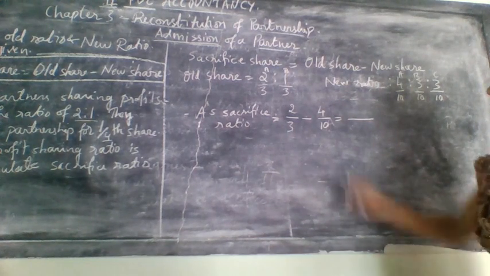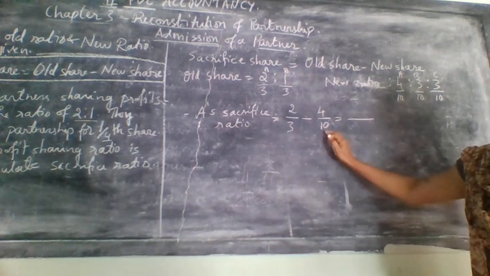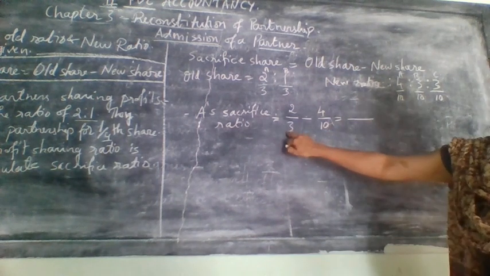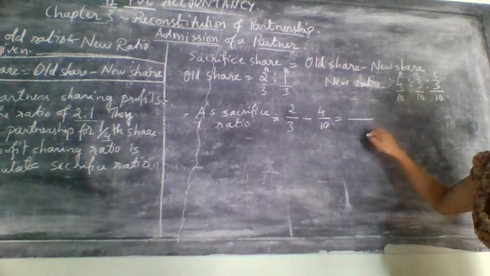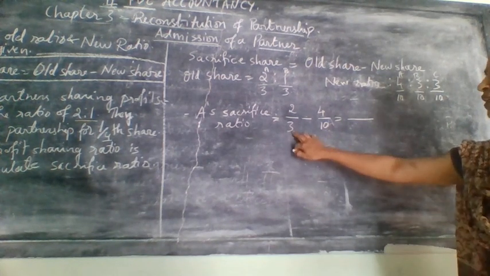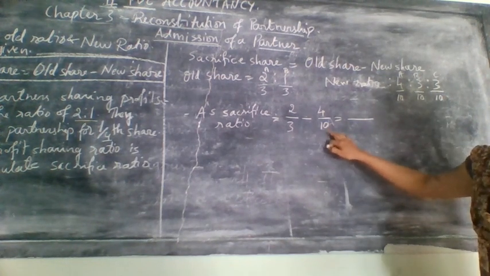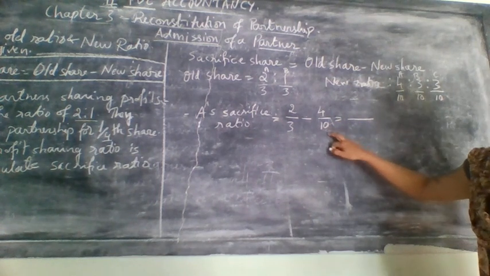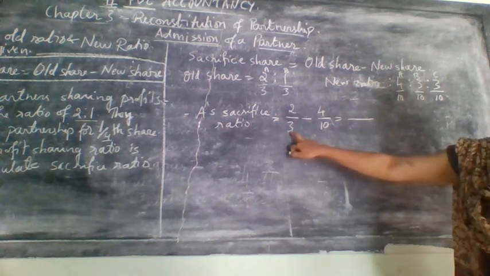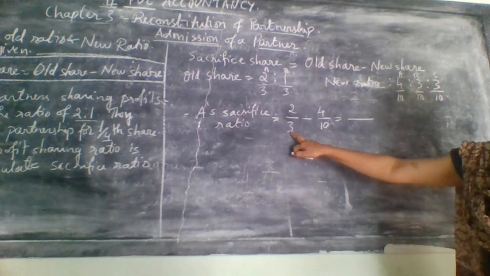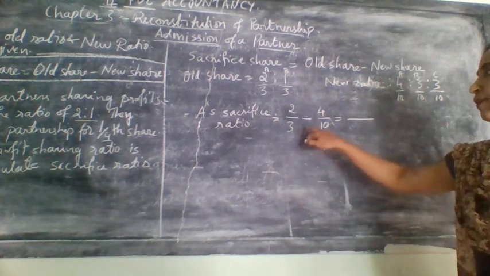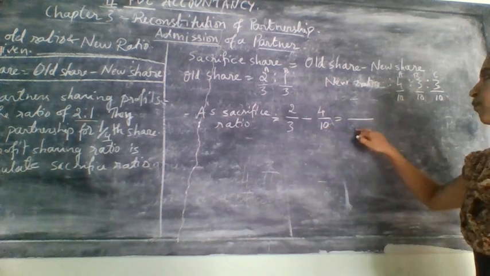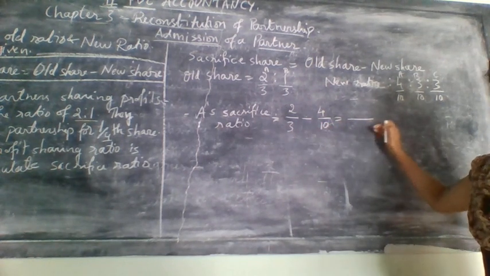Or the second method: take the highest number, and if it is divisible by the other number, you can consider it as the denominator. For example, see here 3 and 10 are there. Which is the highest one? 10 is the highest one. Is 10 in the 3 table? No. If it is not there, then you need to multiply and write. 3 tens are how much? 30. Directly you can take that.